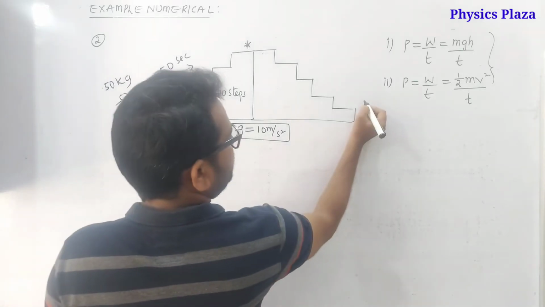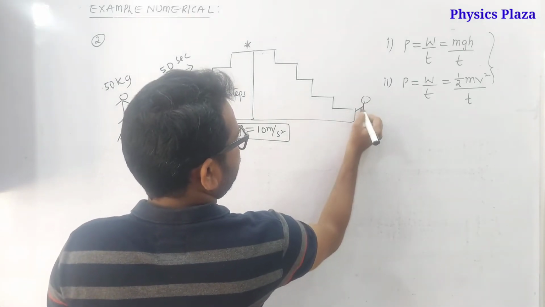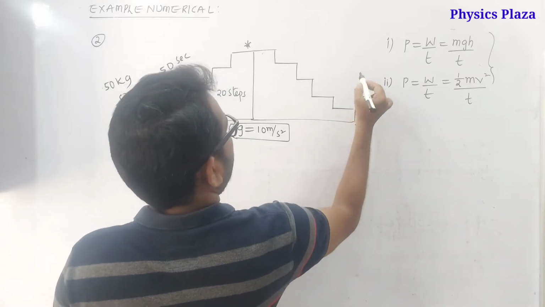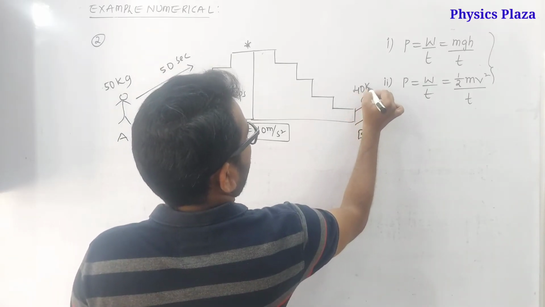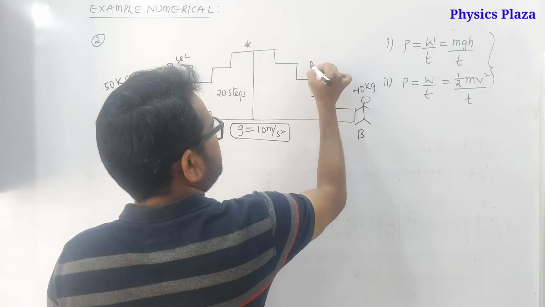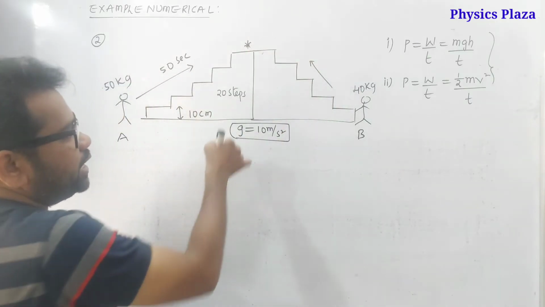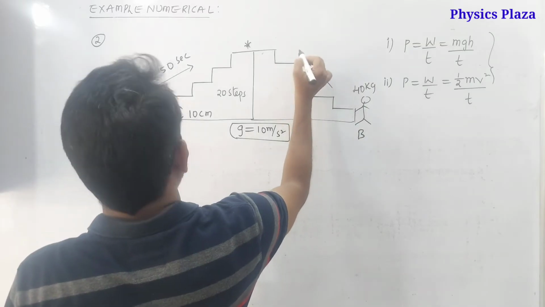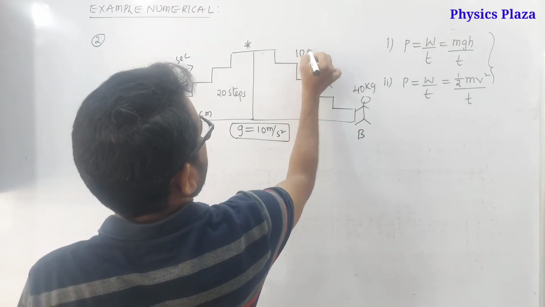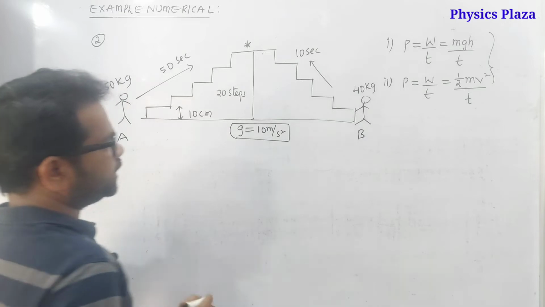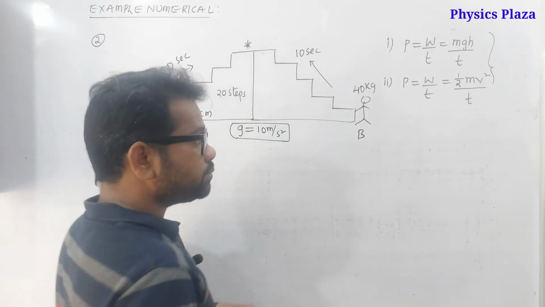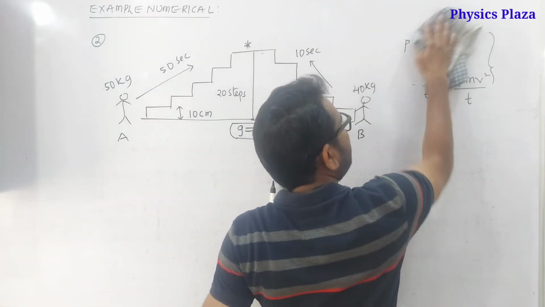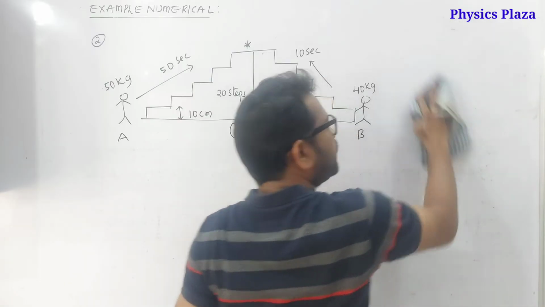Person A. And then, children, person B of mass 40 kg is climbing the same staircases. I mean, the height is going to be the same. For that, he takes, suppose, 10 seconds. So in the exam, children, they will ask us to compare the work done and compare the power.